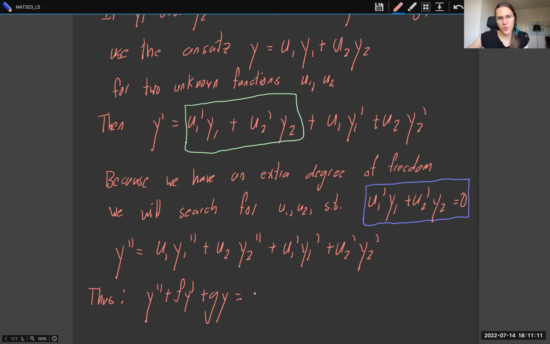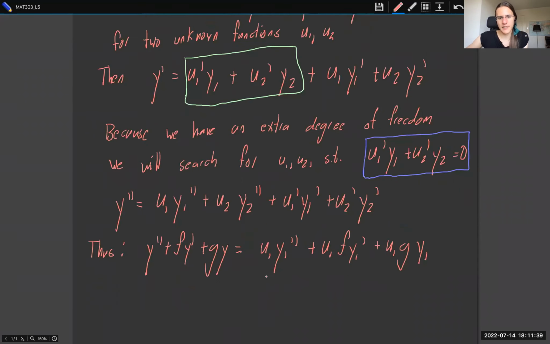So I get u1 y1 prime prime. Then I get the u1 term from here, plus u1 times f y1 prime. And then I get the u1 term from here, so it's u1 g y1.